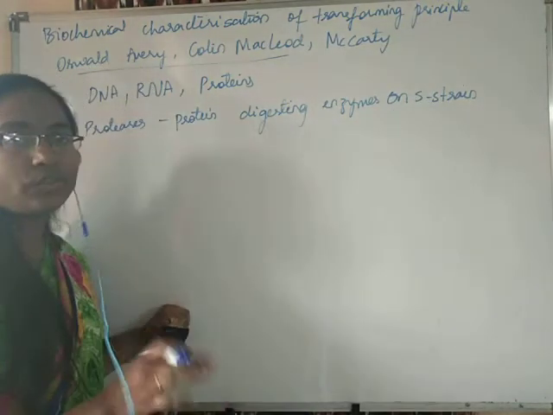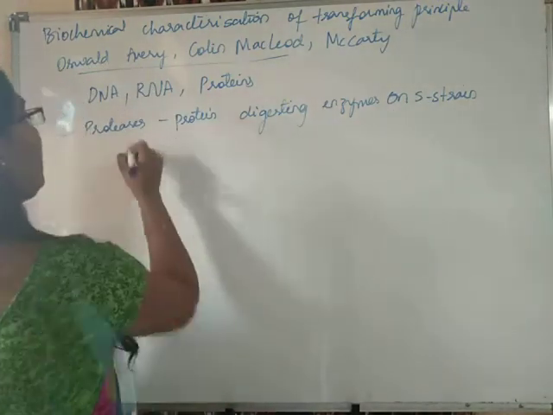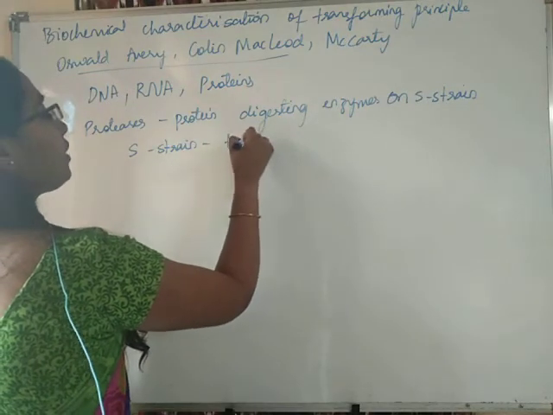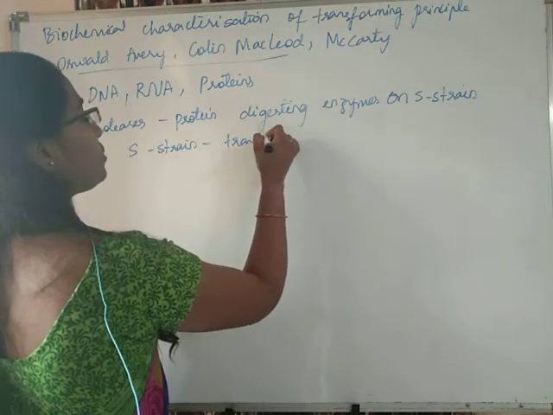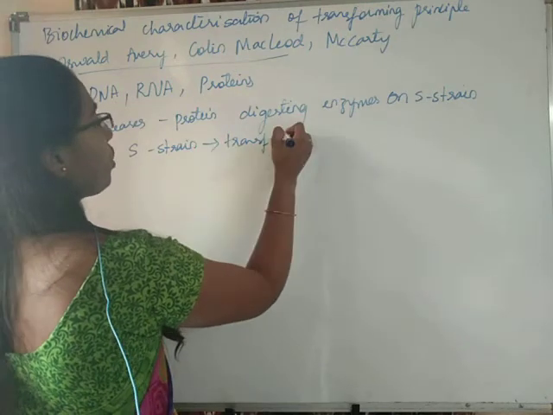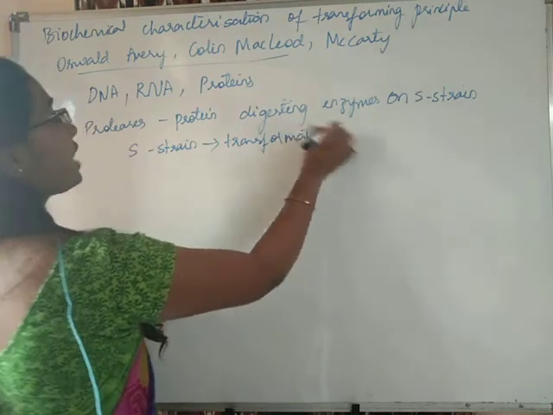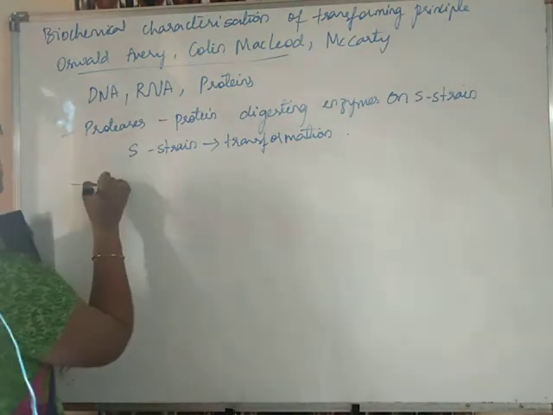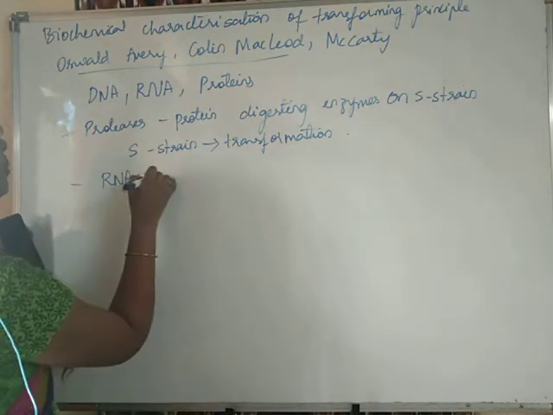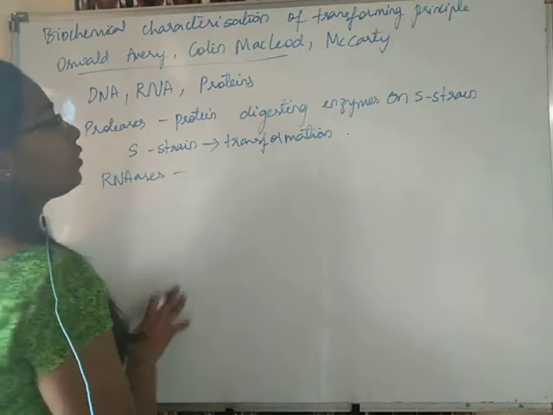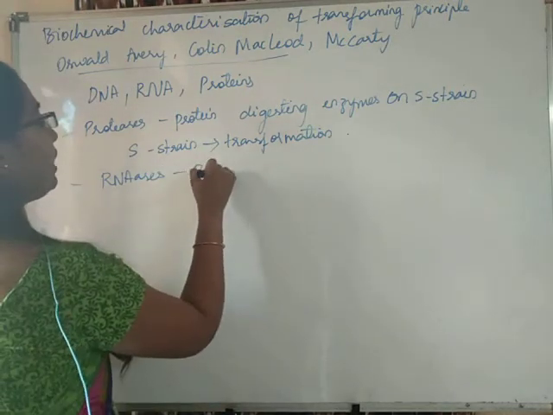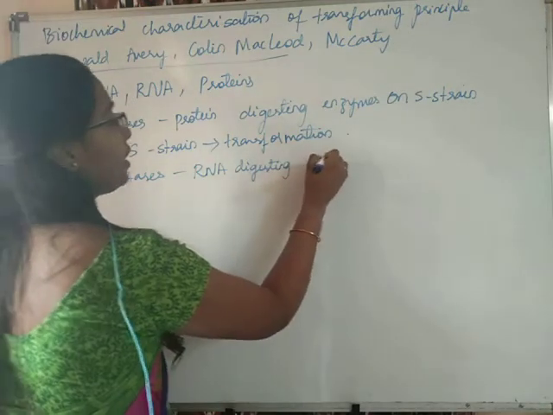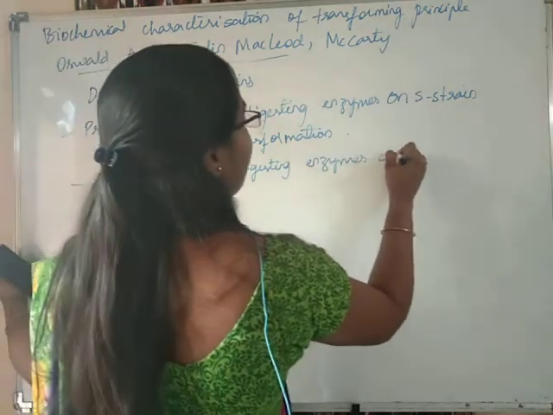So, proteins of the S strain were digested, but this strain was still causing transformation. Then they used RNases, which are RNA digesting enzymes, on the S strain.